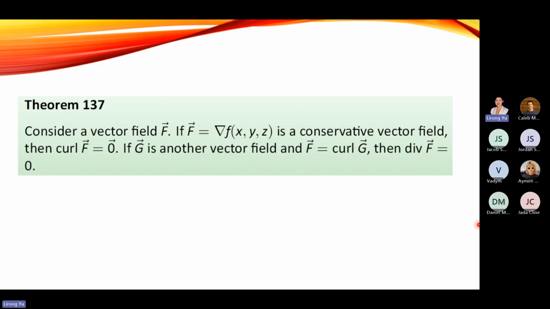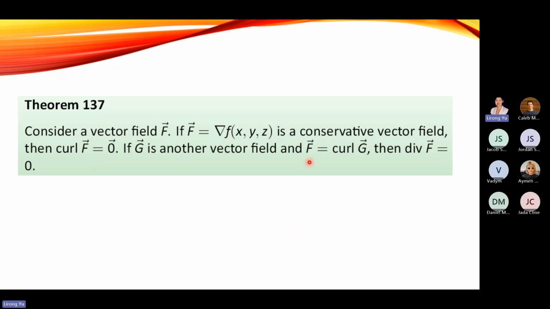And here let's talk about something that we had talked about in our calculation. Now, if the vector is a conservative vector field, obviously curl should be a zero vector. On the other hand, if you have a vector that is equal to the curl of another vector, then the divergence of this vector would equal zero.